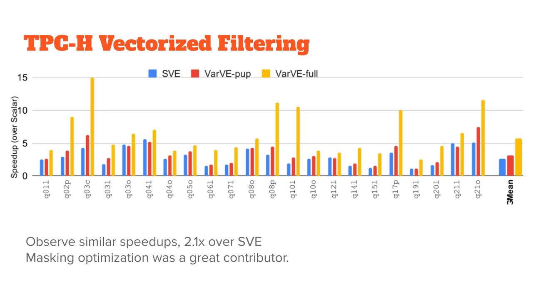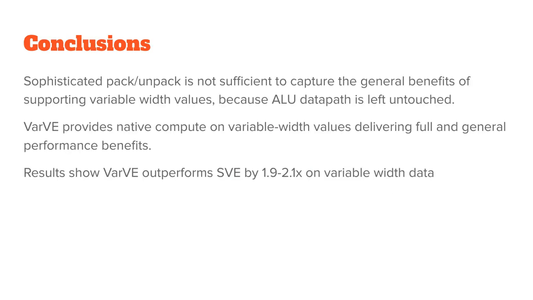Full VarVE is 2.1 times faster than SVE on average. Many of these speedups are contributed by the masking optimization. In conclusion, we find that native support on directly computing variable width values, as showcased by VarVE, is crucial to reduce datapath waste and improve efficiency. Sophisticated stream packing and unpacking alone is not sufficient to reap all benefits.